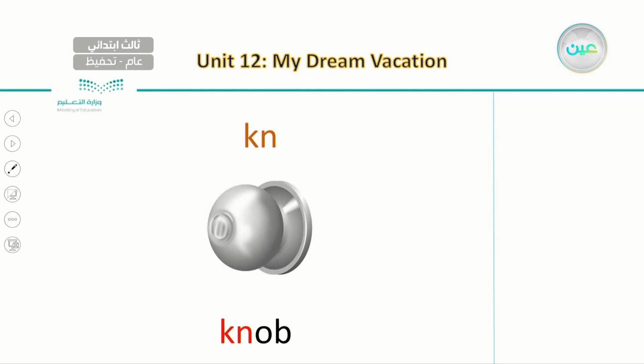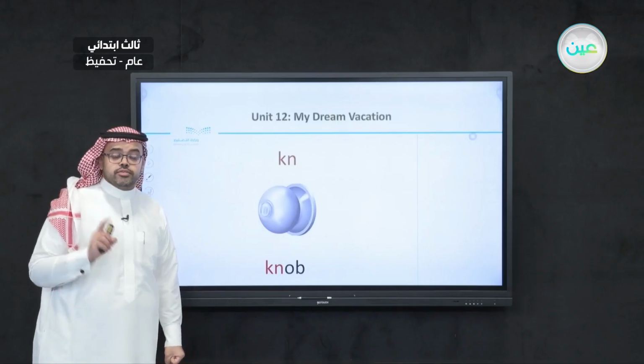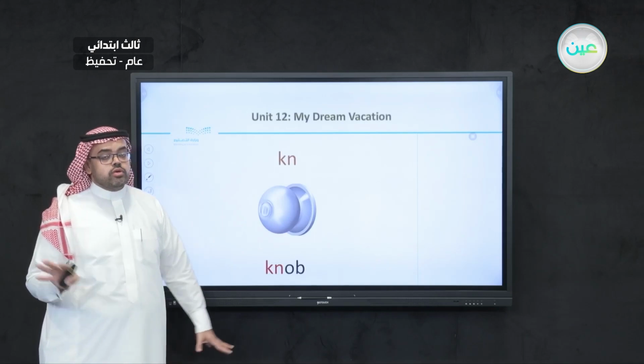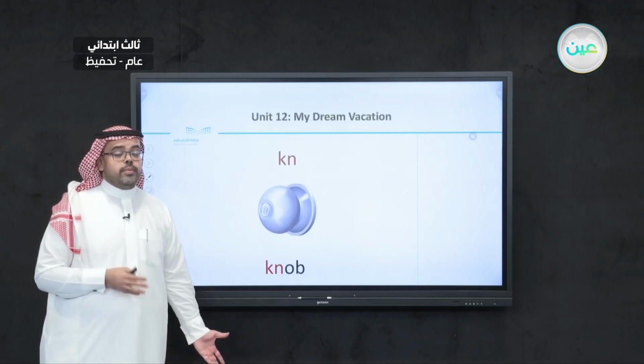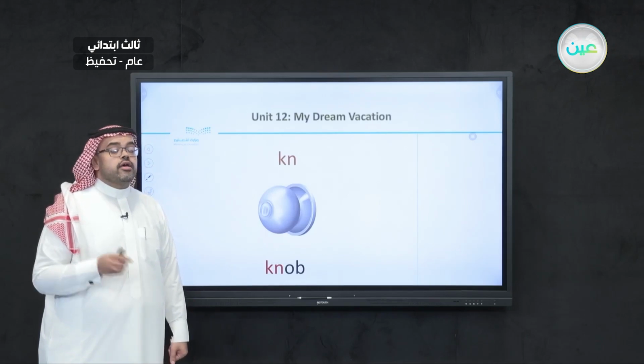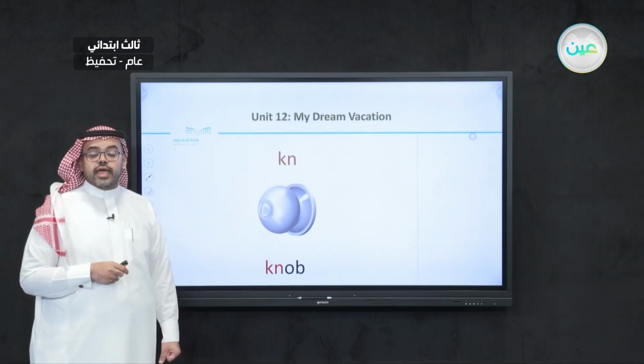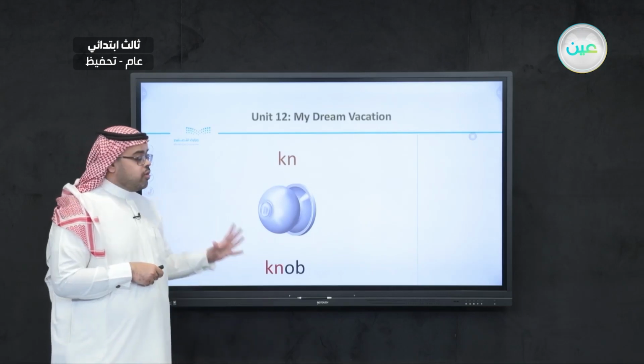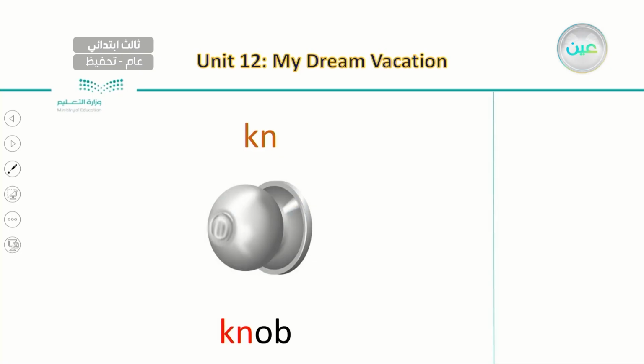Now let's start with the first blend, which is K and N. Here is the new information you may or may not know: when we pronounce words that start with K and N, we usually keep the K silent. Just listen to how I pronounce this word and say it after me.